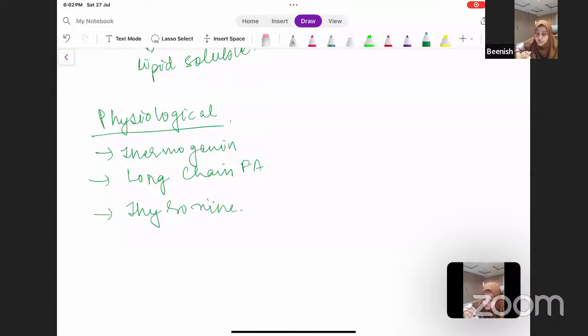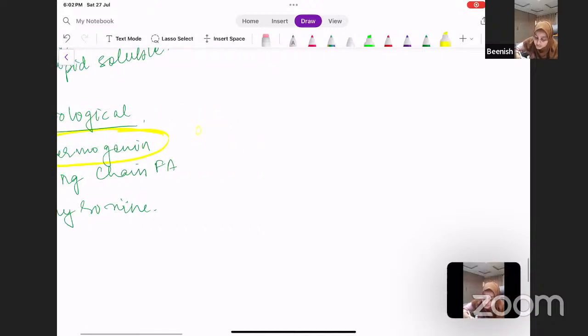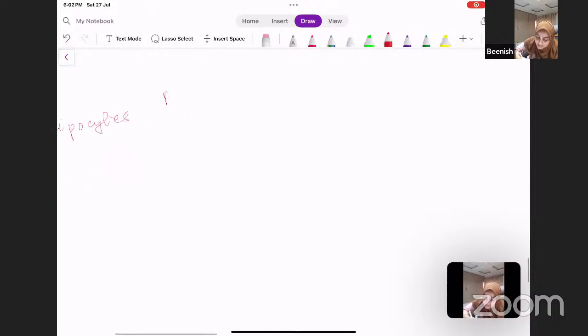So these are your physiological uncouplers. If I talk about thermogenin, this is important. Thermogenin is a protein which is present in the inner mitochondrial membrane of adipocytes of your BAT, that is brown adipose tissue.